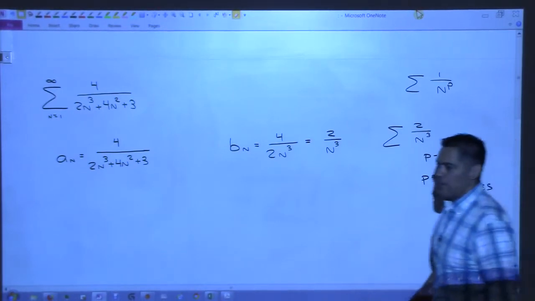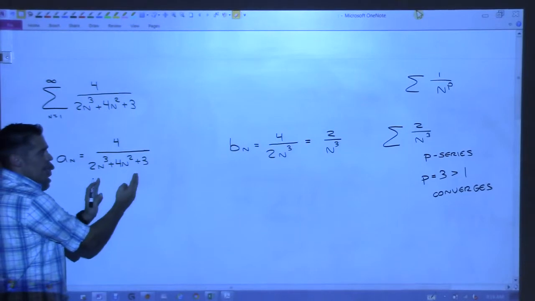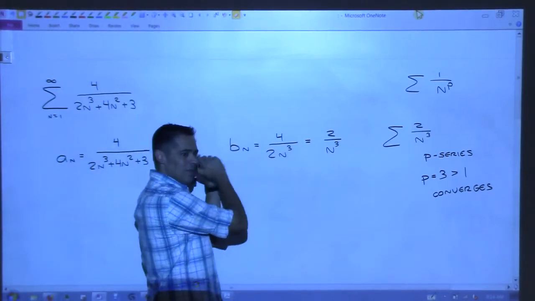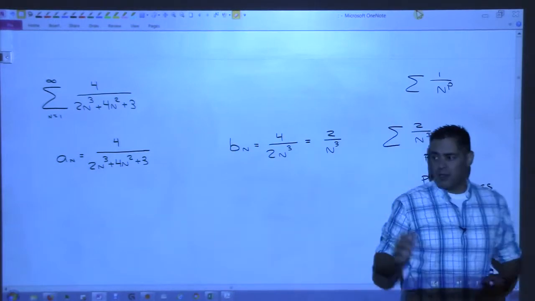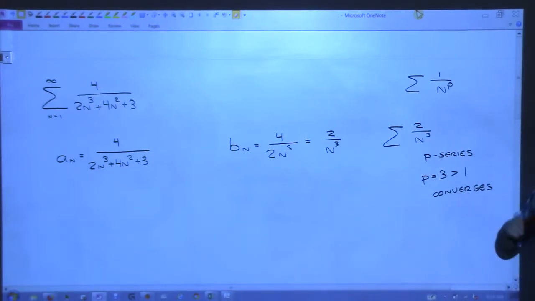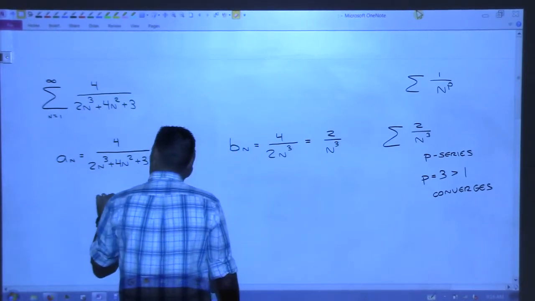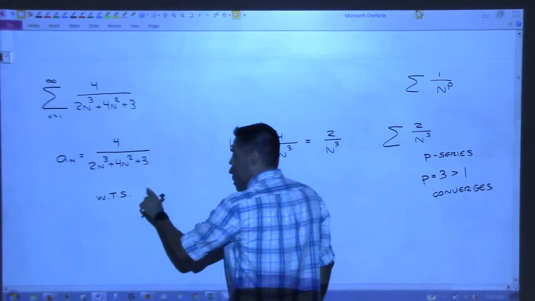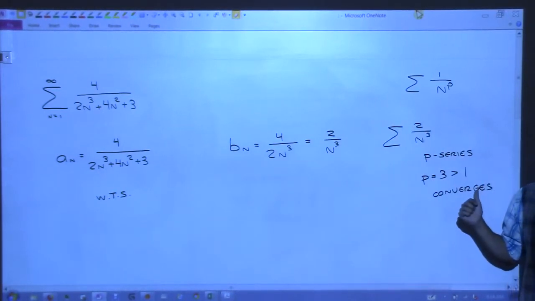So I have the series I'm interested in. I've taken a look at the sequence. I've found a series that I think this one compares to, and I know that it's a convergent series. So what must I show now? I want to show, WTS, that a sub n is less than b sub n. Why?